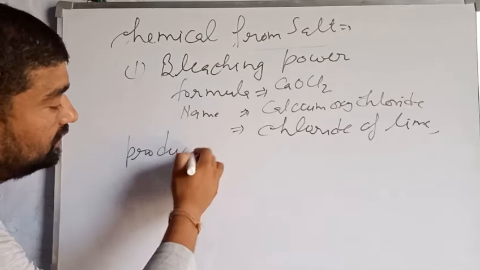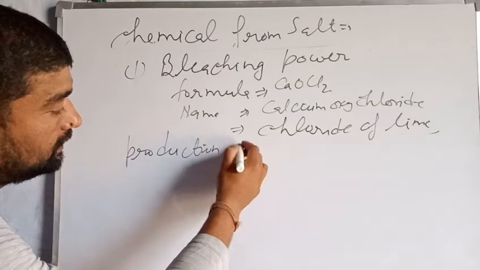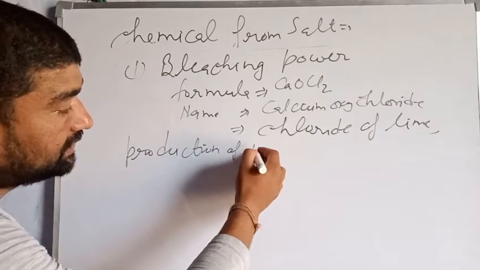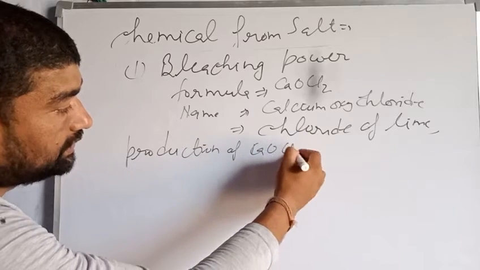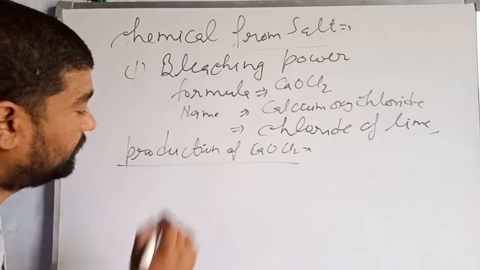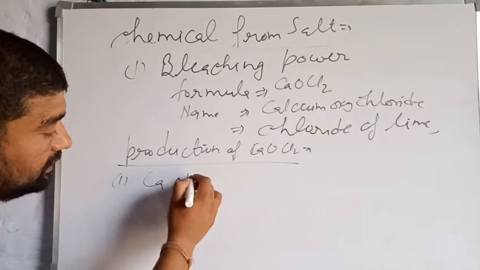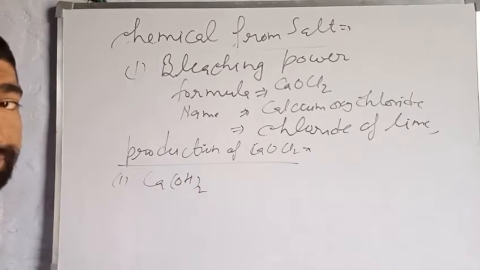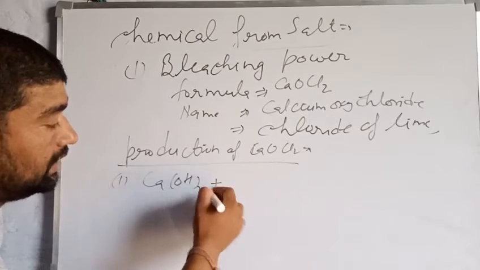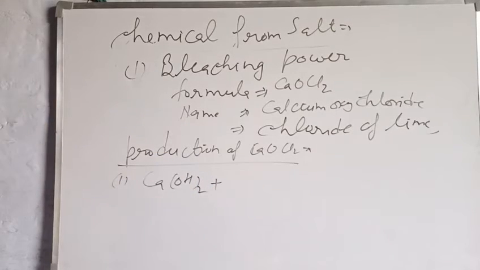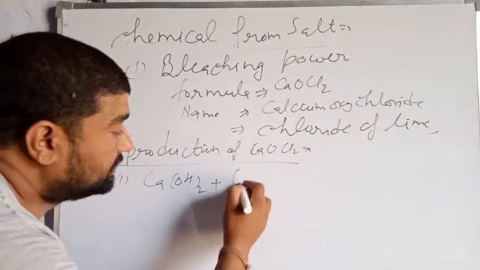Production of this bleaching agent CaOCl2 is done with the help of Ca(OH)2, calcium hydroxide, plus chlorine gas.